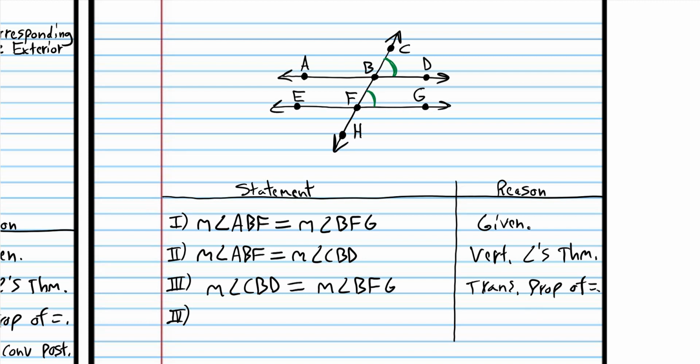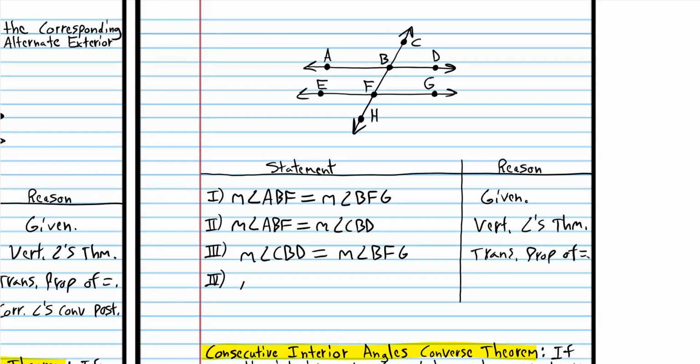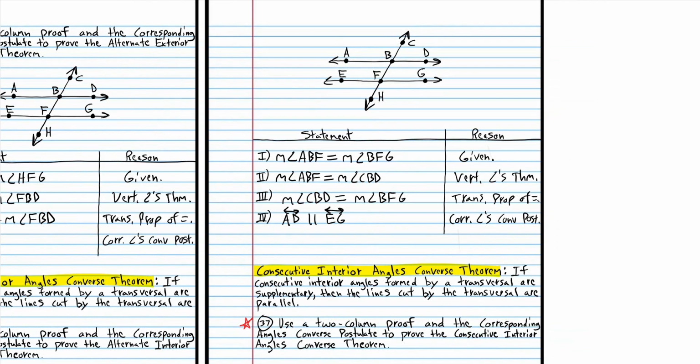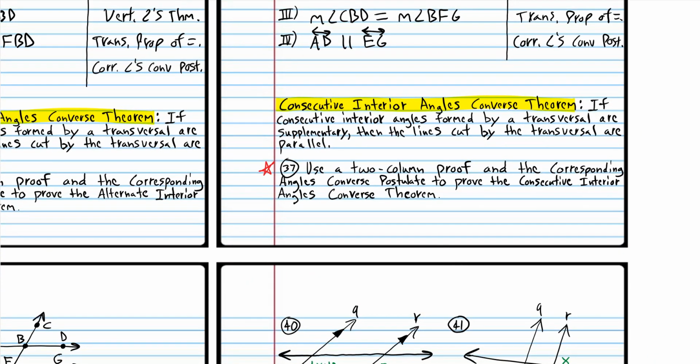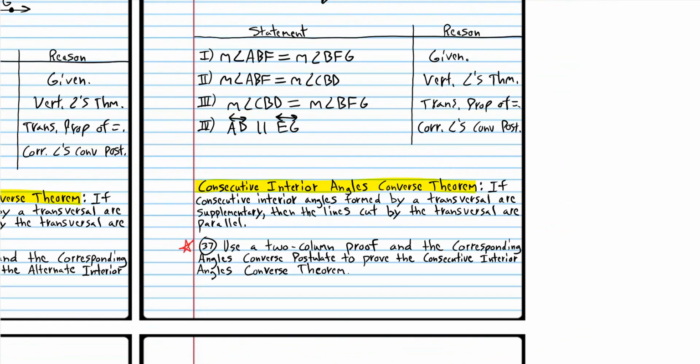So by the corresponding angles converse postulate, the line AD must be parallel to EG. Corresponding angles converse postulate.